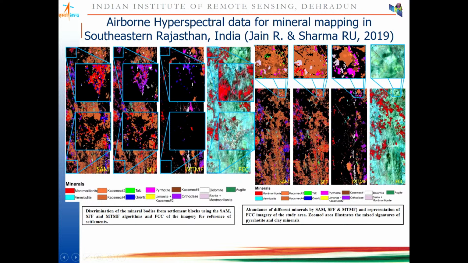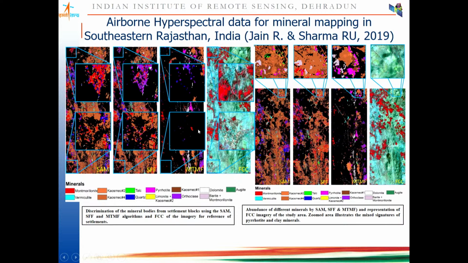So what have we found? The SAM, the spectral angle mapper algorithm, which is used for the classification of hyperspectral data, is not able to differentiate between different classes very clearly, and it is misclassifying the material into settlement and other land use land cover classes. The SFF also, to some extent, is improving, but still it is mixing with land use land cover classes.